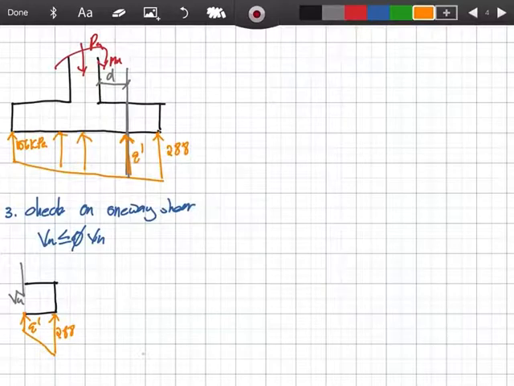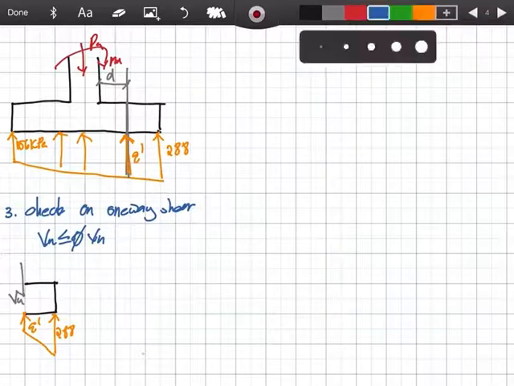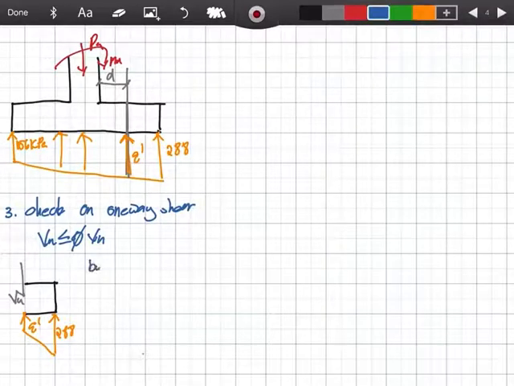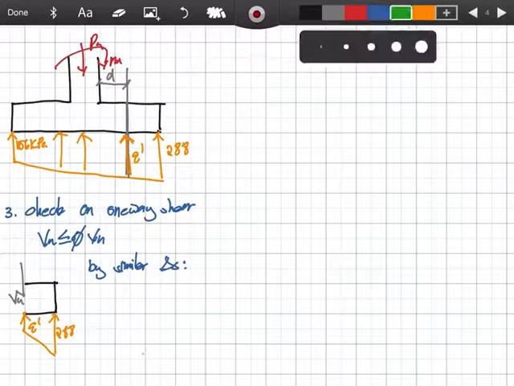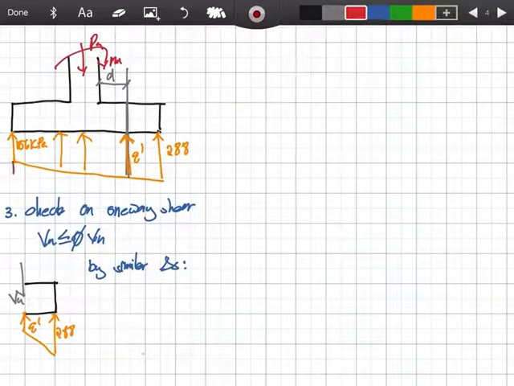Okay, so paano natin makukuha yung Q prime na yan? Para makuha yung Vu, kunin muna natin yung Q prime. Ang gagawin natin, we are going to use the method of similar triangles. Ano yung similar triangles? Kita nyo to, this is a triangle.